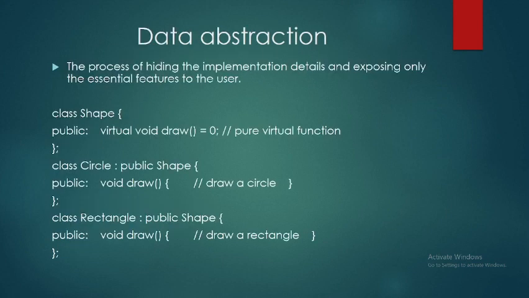Another feature of OOPS is data abstraction. The process of hiding the implementation details and exposing only the essential features to the users is called data abstraction.